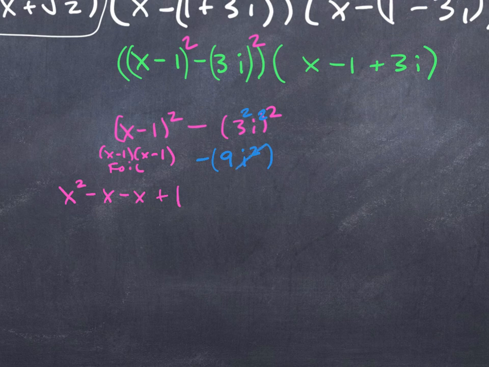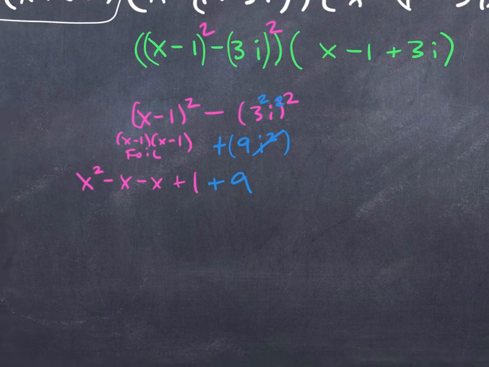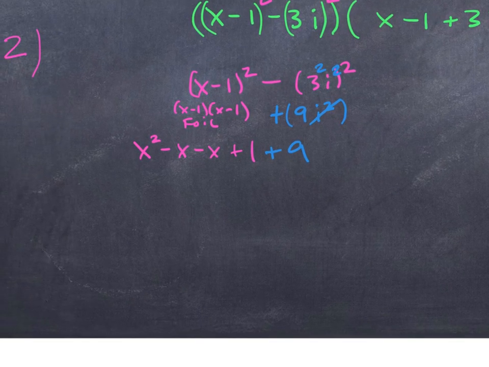Negative 1. So take away the i squared, make this a plus. So I just multiplied the negative by the negative 1, that's i squared, and it becomes plus 9. Everybody with me? Any questions on that? What should I do next? Add them together. So we have x squared minus 2x plus 10.